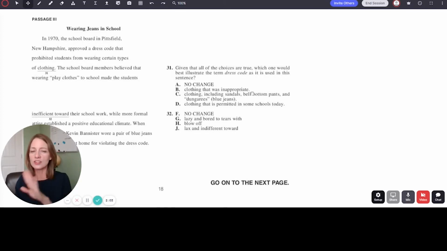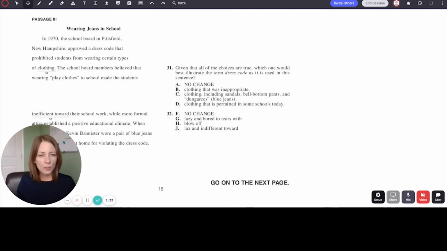Given that all of the choices are true, which one would best illustrate the term dress code as it is used in this sentence? Okay, so keep students from wearing certain types of clothing that was inappropriate. Certain types of clothing, including sandals, bell-bottom pants, and dungarees. Clothing that is permitted in some schools today.